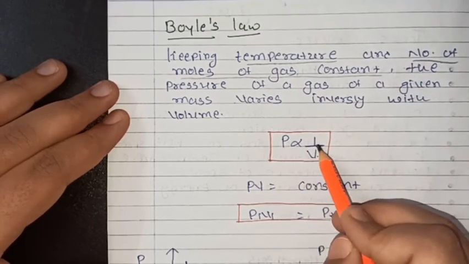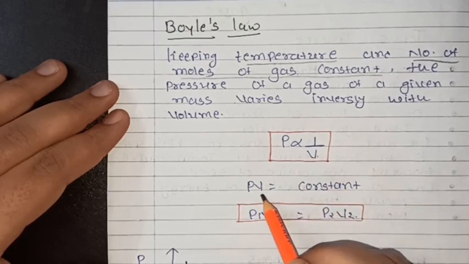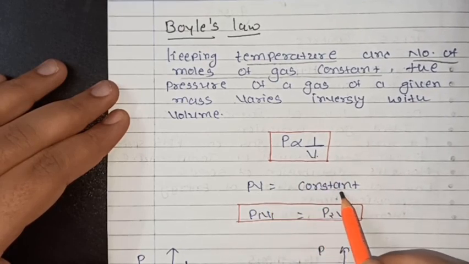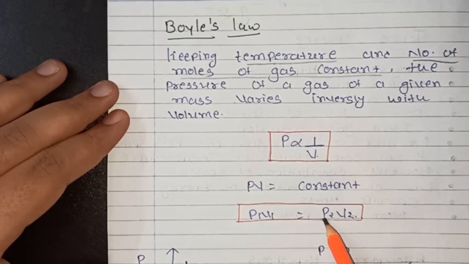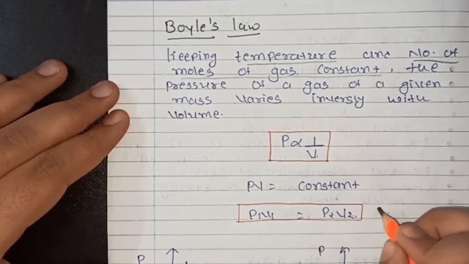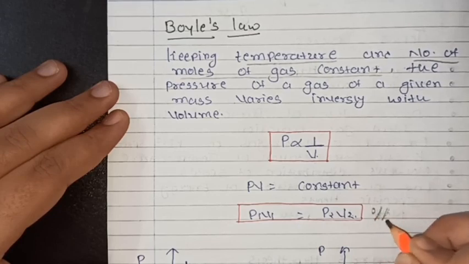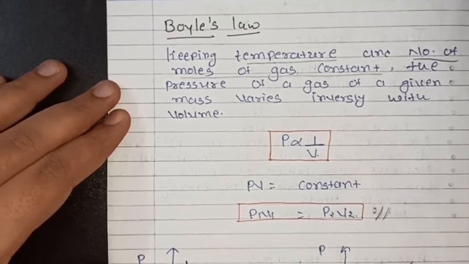If P is inversely proportional to V, then we can write PV = constant. The modified version will be P1V1 = P2V2. This is the formula which we will use in numerical examples.